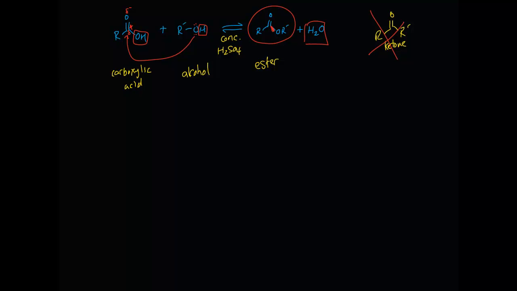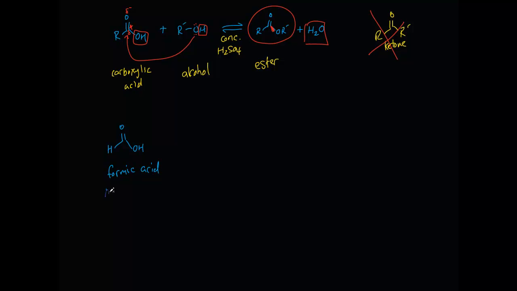So let's use the same colors. If I had something like a 1-carbon carboxylic acid, common name formic acid. Traditionally this is called formic acid.